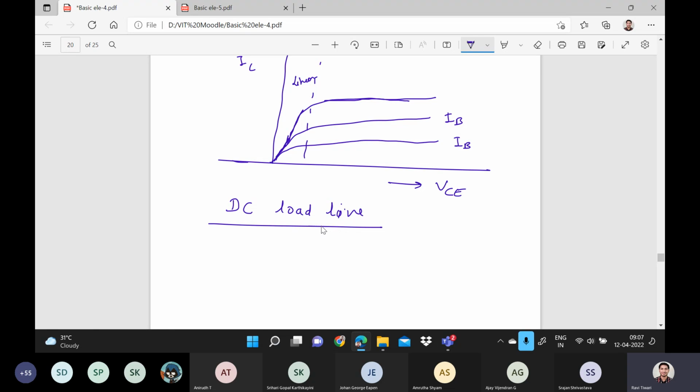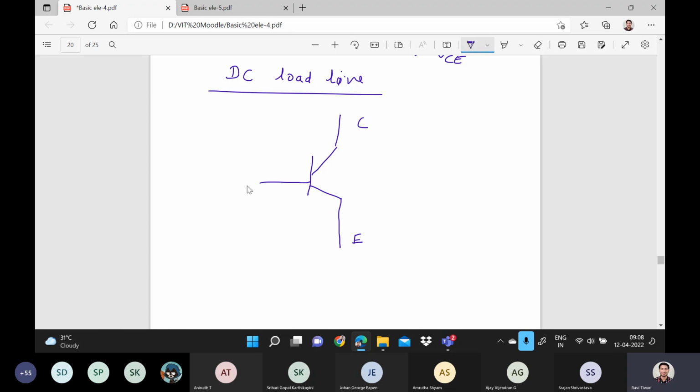When the transistor is given some bias, some external supply, and no signal is applied. For example, I am drawing a common emitter. This is the emitter, this is the collector region, and this is the base region. Okay, I am giving a supply here like this.